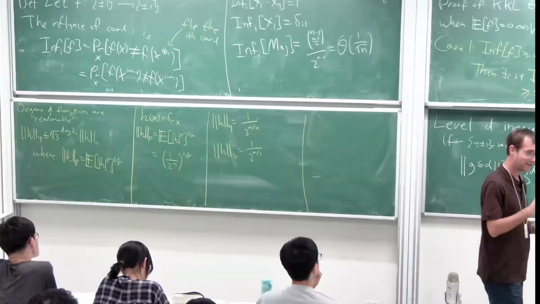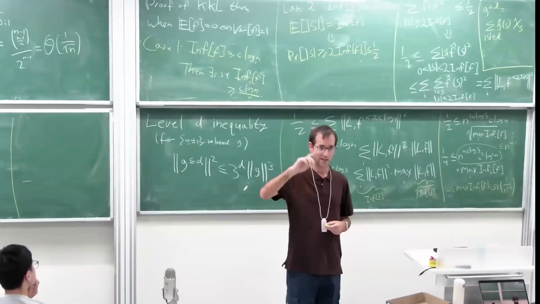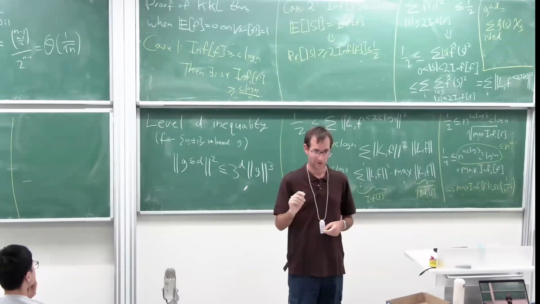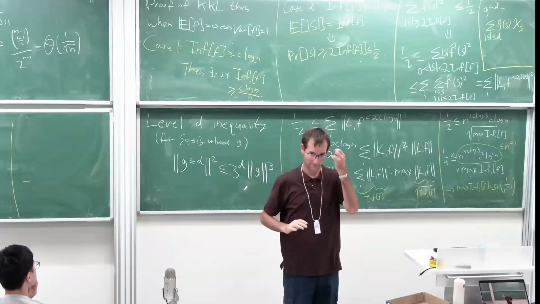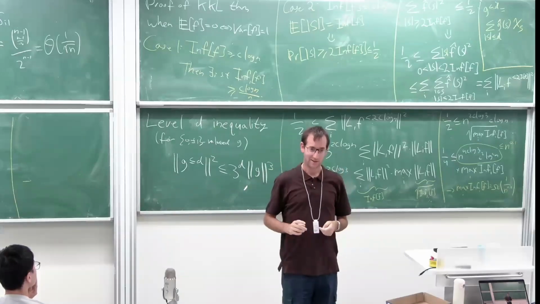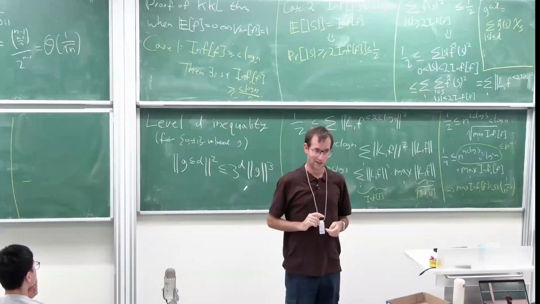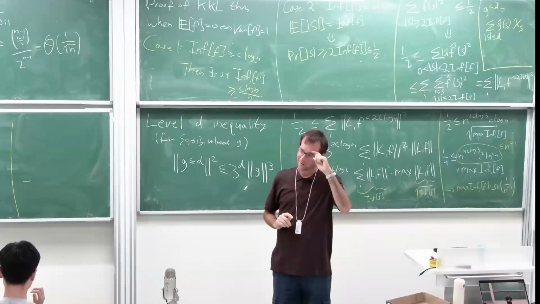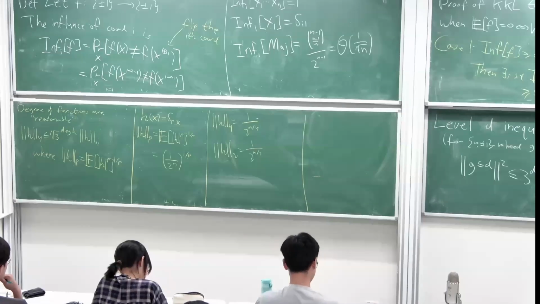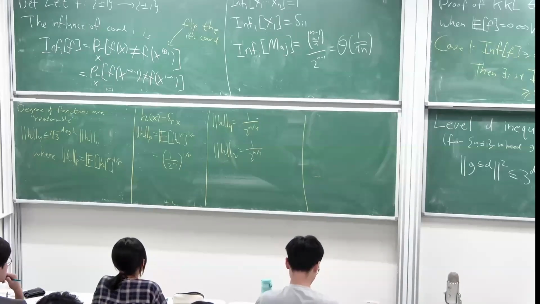Okay, so we said that the delta function has very high degree, it has degree n, right? Because the Fourier spectrum is full. So it's very spiky, and this is reflected in its degree, which is very large. Now, if our function has low degree, then it's not very spiky.